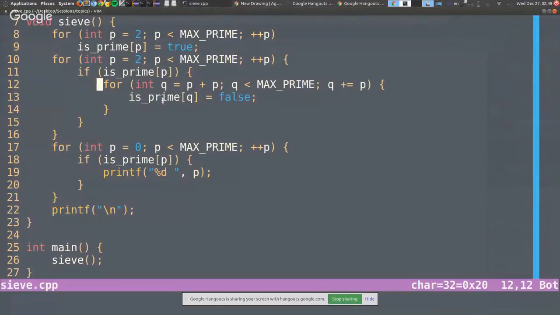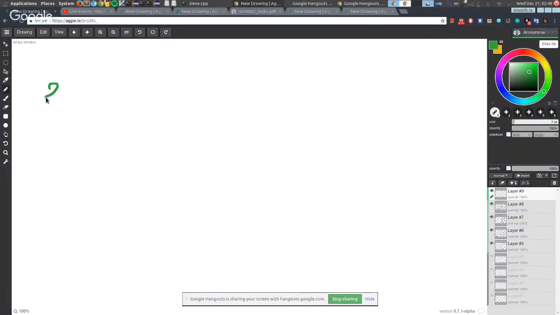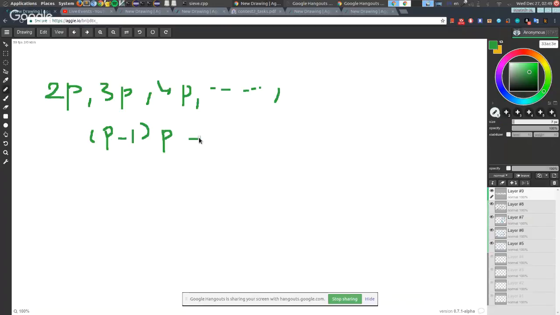So here we go from 2p until as much as we can. We will go from 2p, 3p, and 4p, and then until p minus 1 times p, and then p times p, this is p squared, then p plus 1 times p, and so on.